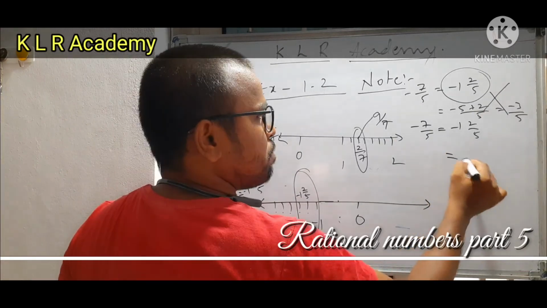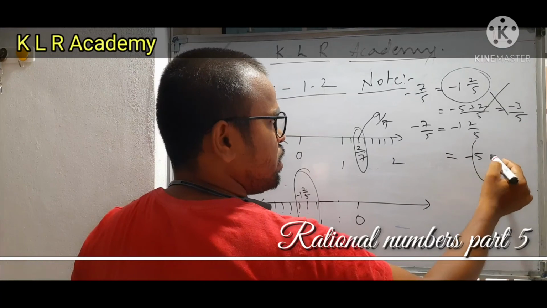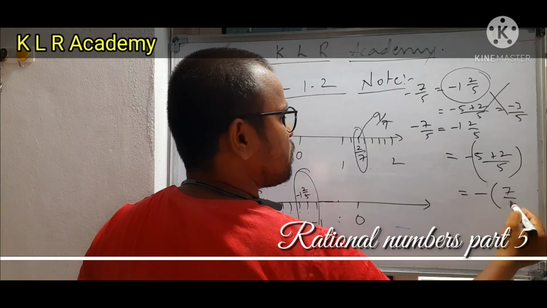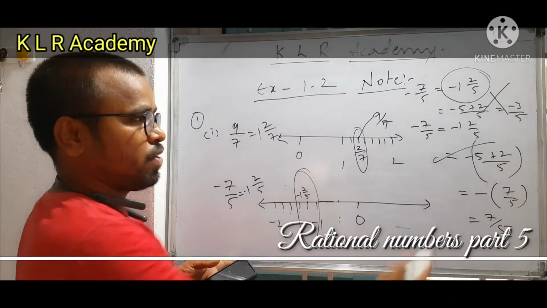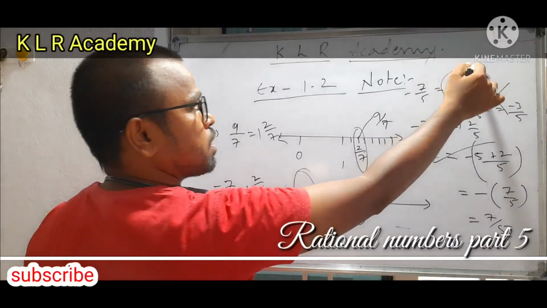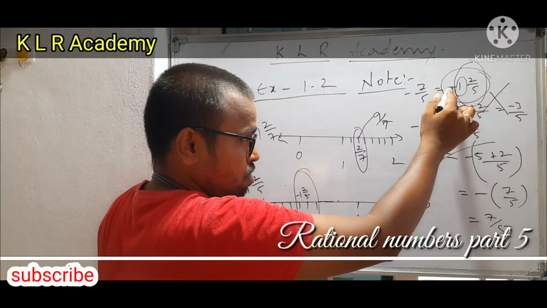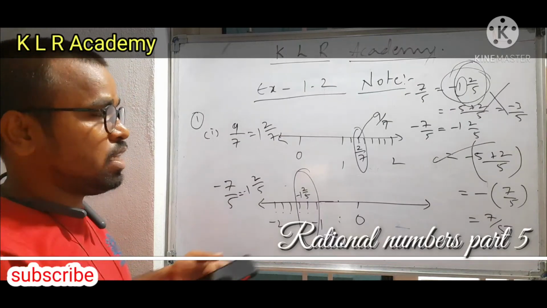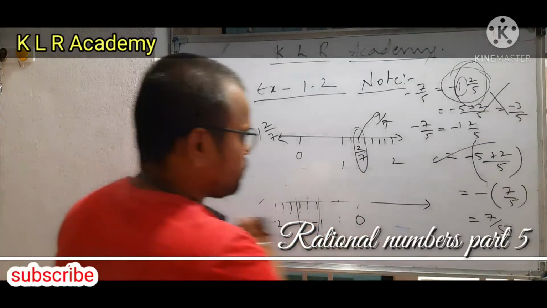And some people will calculate minus of 5 into 1 is 5, plus 2 by 5. This is minus 7 by 5. This is the right way of calculating. This is the wrong way of calculating. This minus is for the whole number, the complete number. Not only for 1. This is for the entire value, 1 and 2 by 5. Minus is for 1 and 2 by 5, not only for 1. Clear? Next.